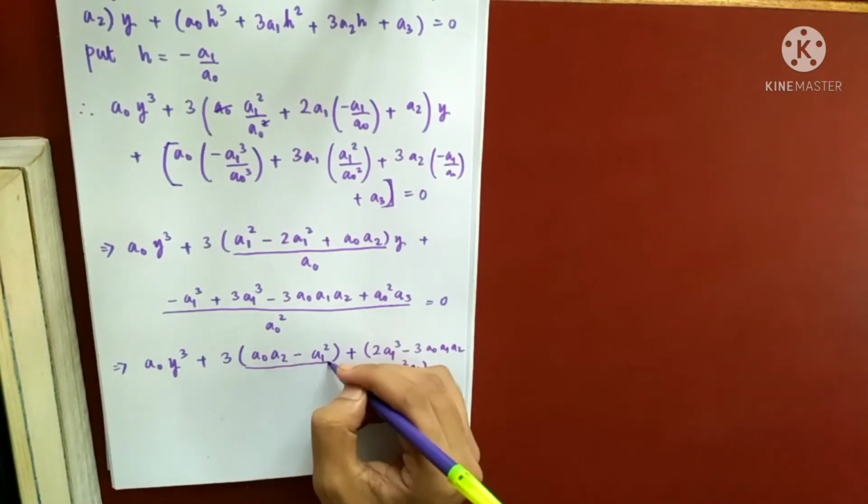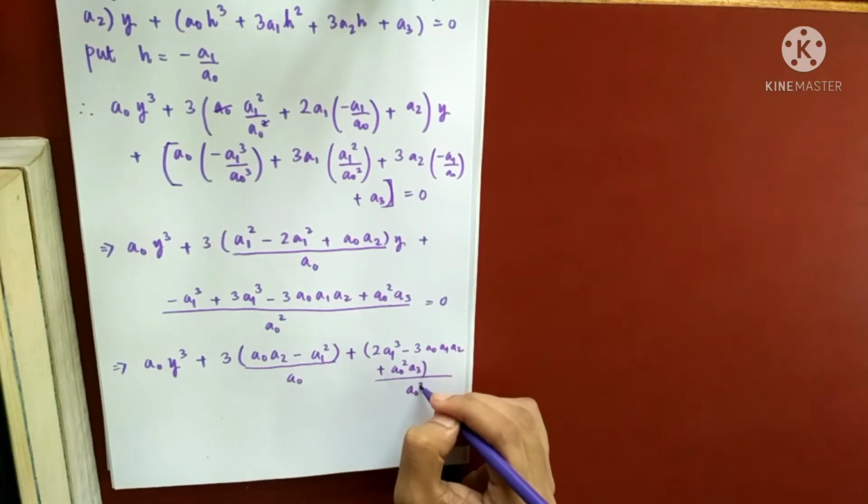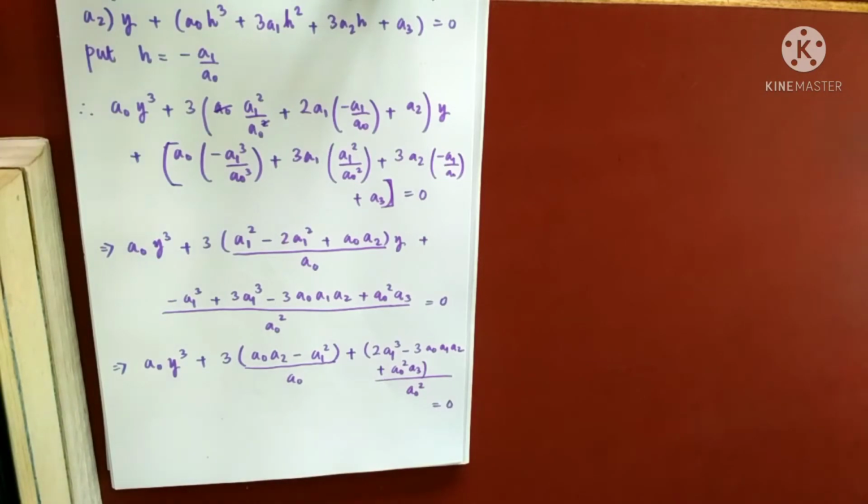Divided by a naught and divided by a naught square, this is equal to 0.